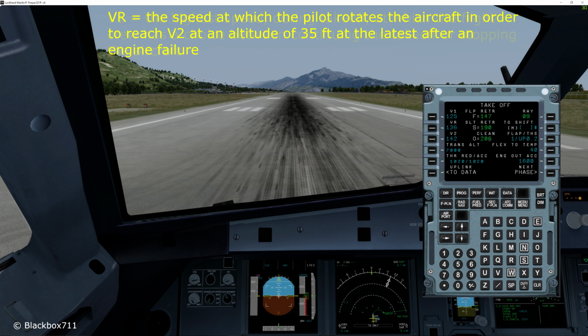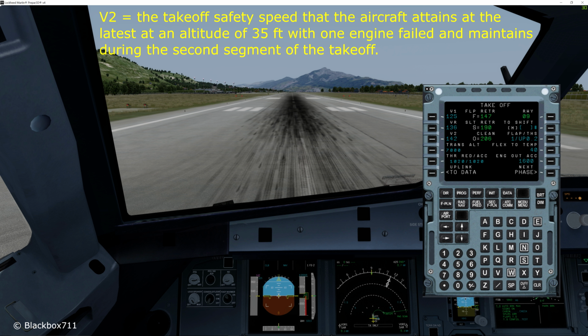Next up is the VR, the speed at which the pilot rotates the aircraft in order to reach V2 at an altitude of 35 feet at the latest after an engine failure. And on the primary flight display, VR is indicated by a small cyan circle.